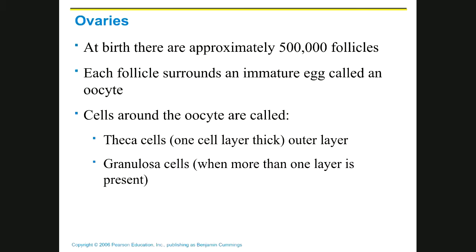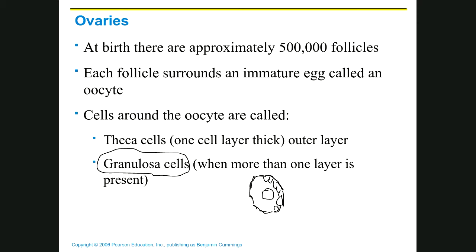They're called granulosa cells. So when you look at granulosa cells, here's our oocyte. Out here still are the theca cells, one cell layer thick. But granulosa cells are going to begin to grow inside, close to the oocyte. And they're a different type of cell. These are cuboidal cells.